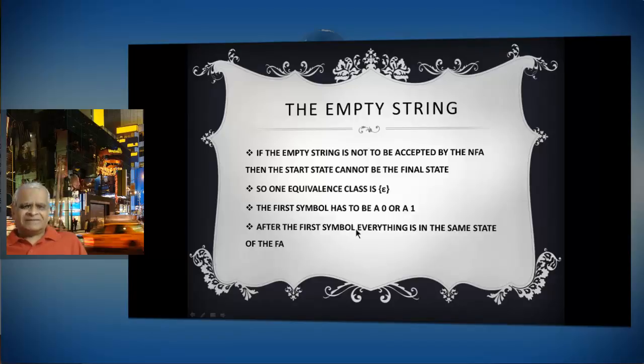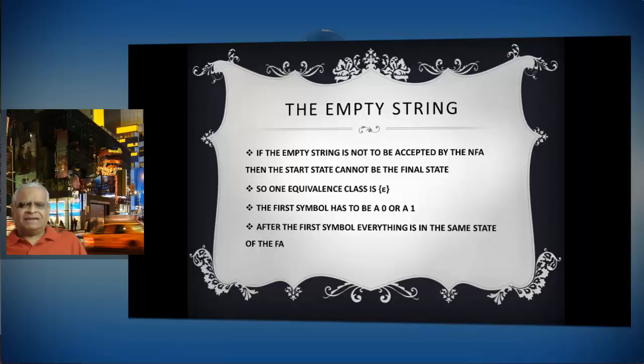Now, after the first symbol, everything is in the same state of the finite automata which can be built from the regular expression. So one equivalence class is required because epsilon is not in the language. And after the symbol 0 or 1, one more state will be there in the finite automata.